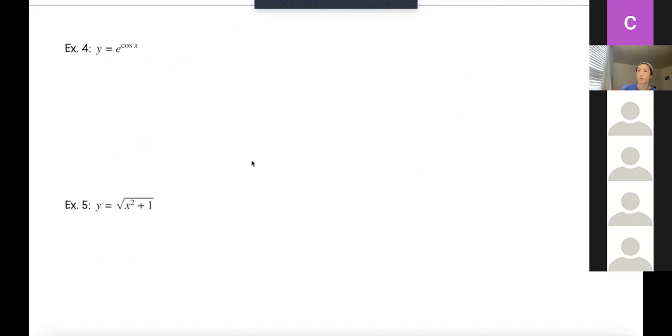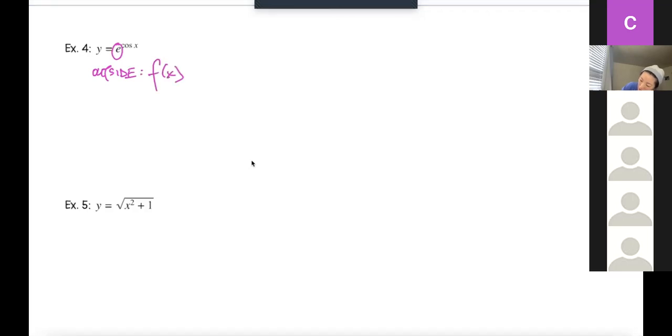Okay, which one is which? So we've got e to the x and cosine x. Which one should I label as my inside and which one should I label as my outside? Okay, so that means that this e is our outside function because that's what we do second.